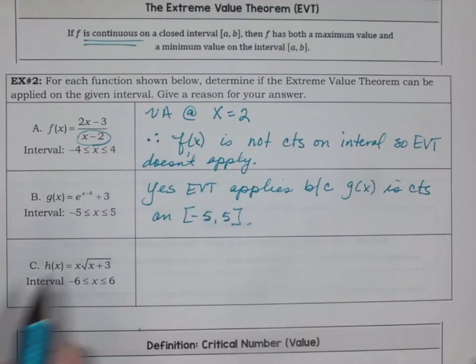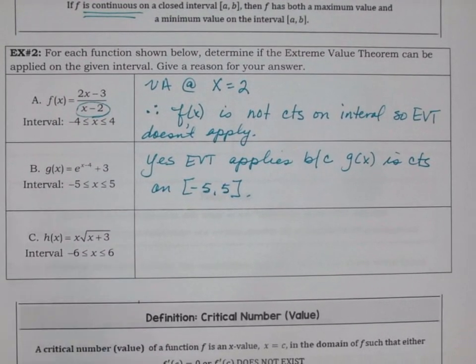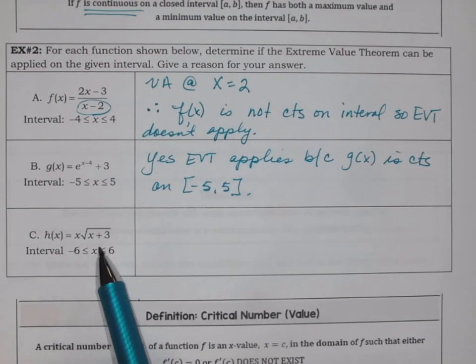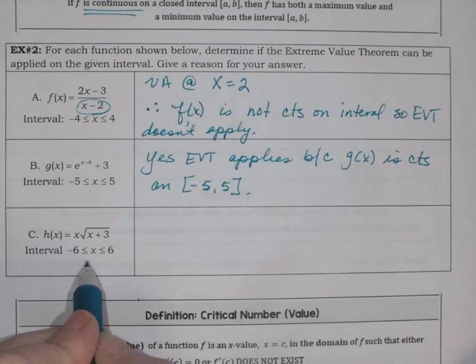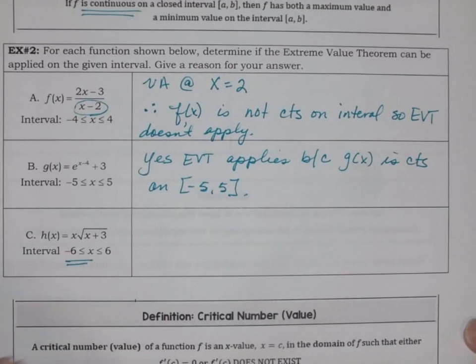All right, and the last one, x times the square root of x plus 3. Well, the x piece is fine, but this part is not even going to have a value if x is less than -3. So I can't go any lower than -3. That's a problem because I'm going down to -6.